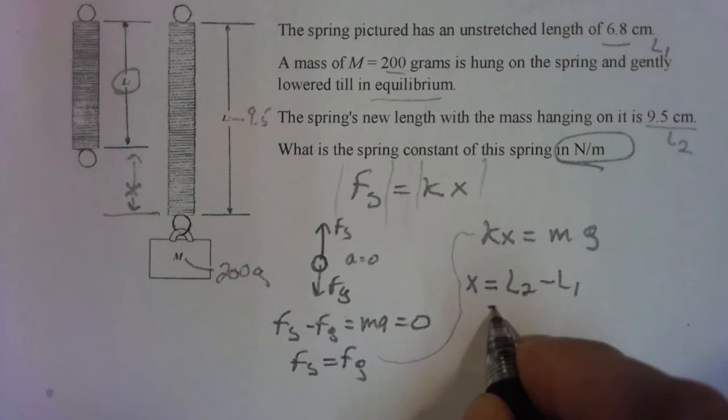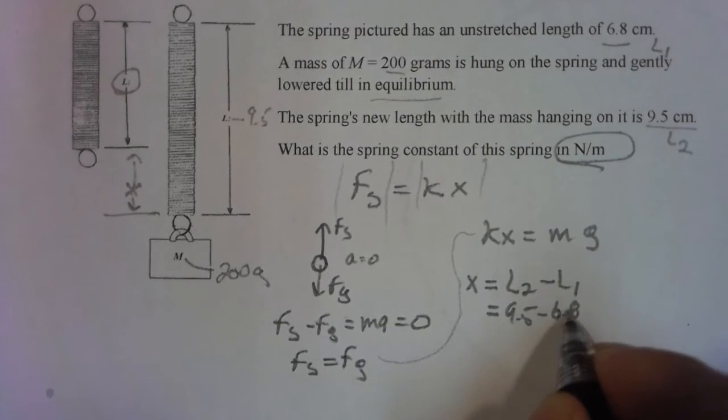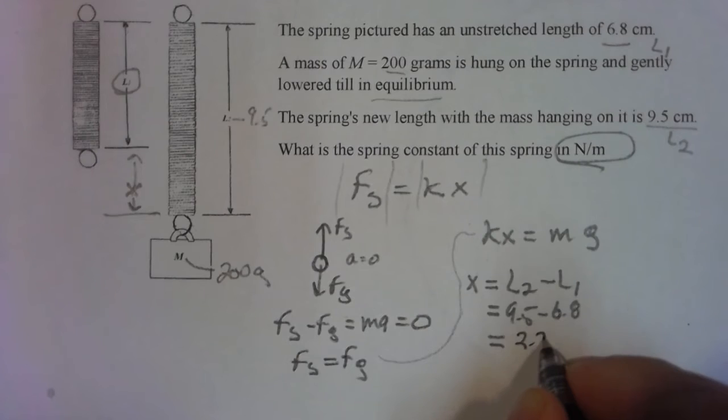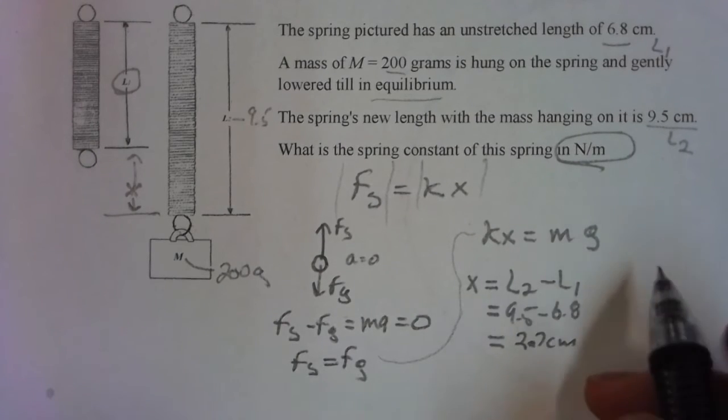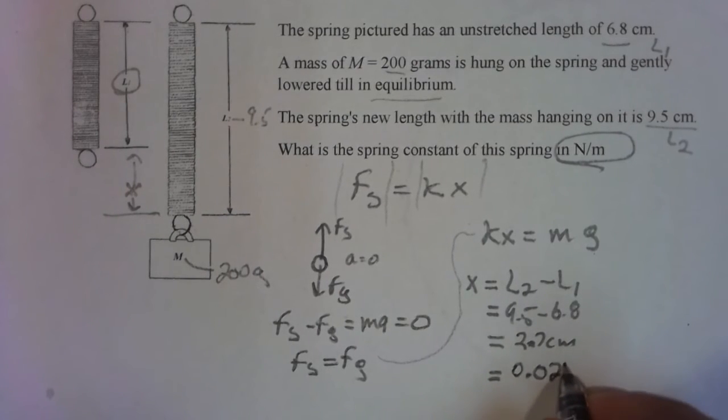And in my case, that is 9.5 minus 6.8, which is what? 2.7? 2.7, if that makes sense. 2.7 centimeters. But we want to put things in meters. So that's going to be, divide that by 100. 0.027 meters. That's my x.